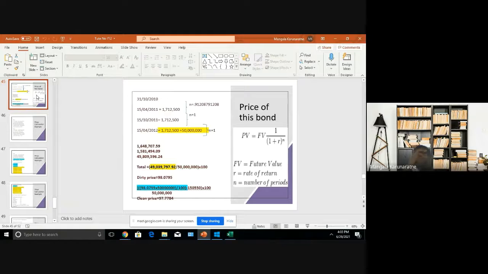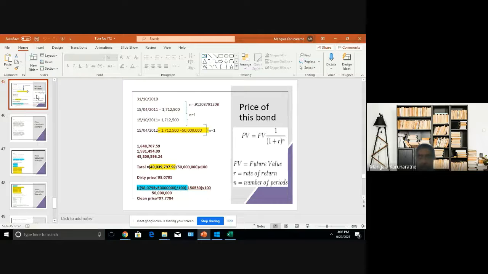So the dirty price is the sales or purchase consideration. The trade concludes at this amount. So the buyer will have to pay the seller the clean price plus the accrued interest.